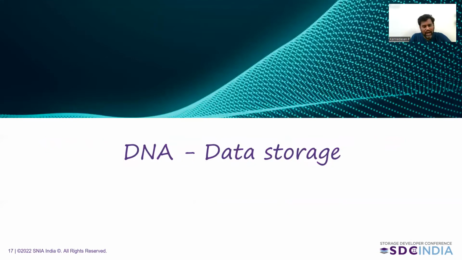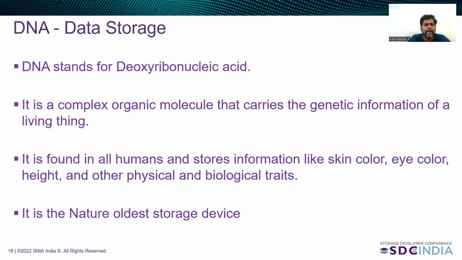Now we will see how the data gets stored in DNA and what process we are going to use to store the data in DNA. What is DNA? DNA stands for deoxyribonucleic acid.